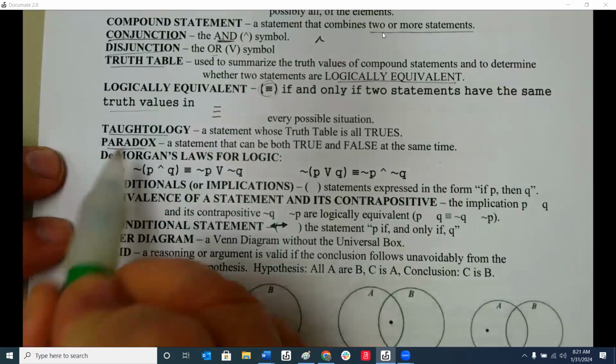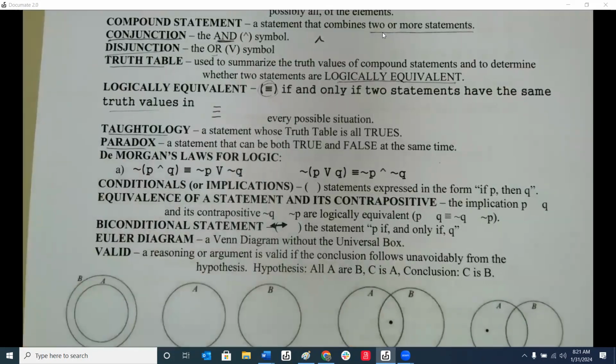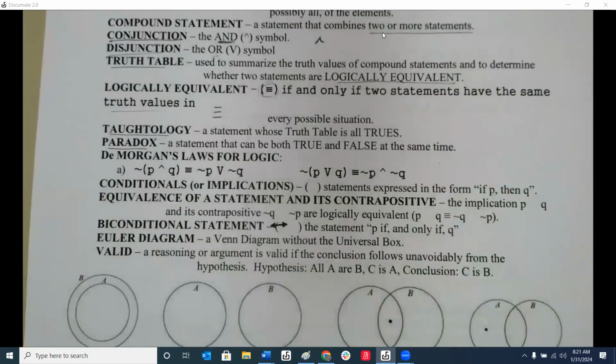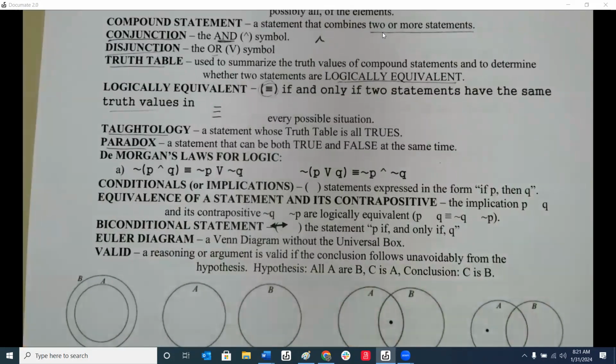A paradox, you've heard that. A paradox is when true and false happen at the same time. The event happening and the negation of that event happening. Also, that's a paradox. Can you give me an example of a paradox?